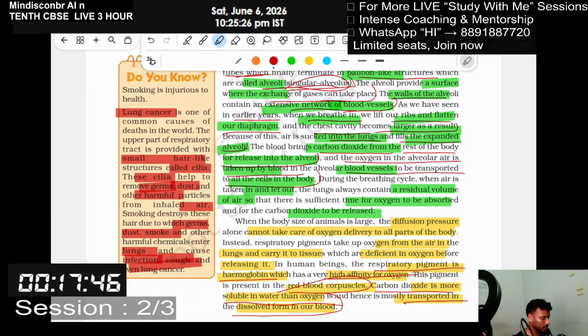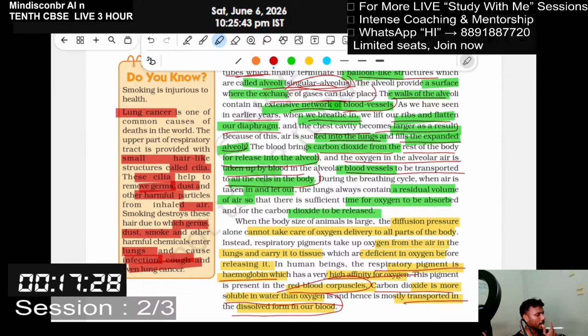Smoking not only damages lungs, but also it damages the hair inside the nostrils. And what is the function of this hair? This hair prevents germs, dust, smoke, etc. from entering the lungs. But if you smoke, what happens?